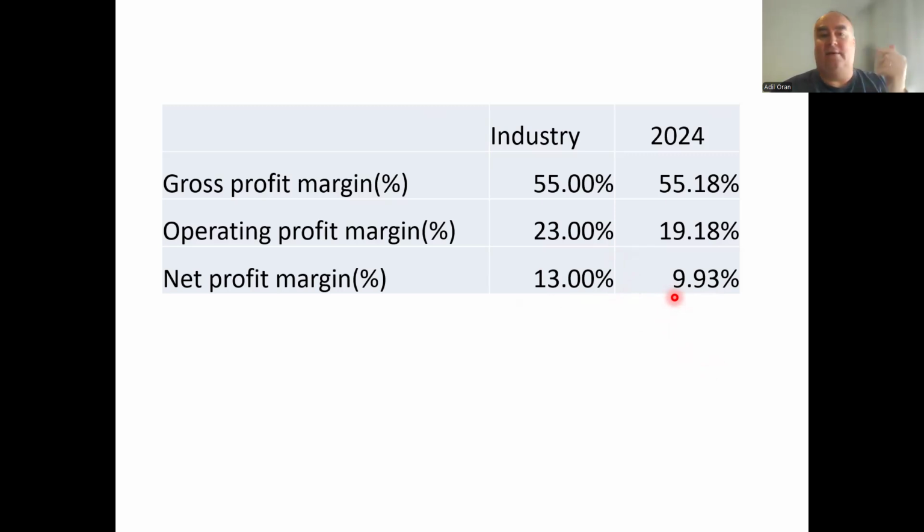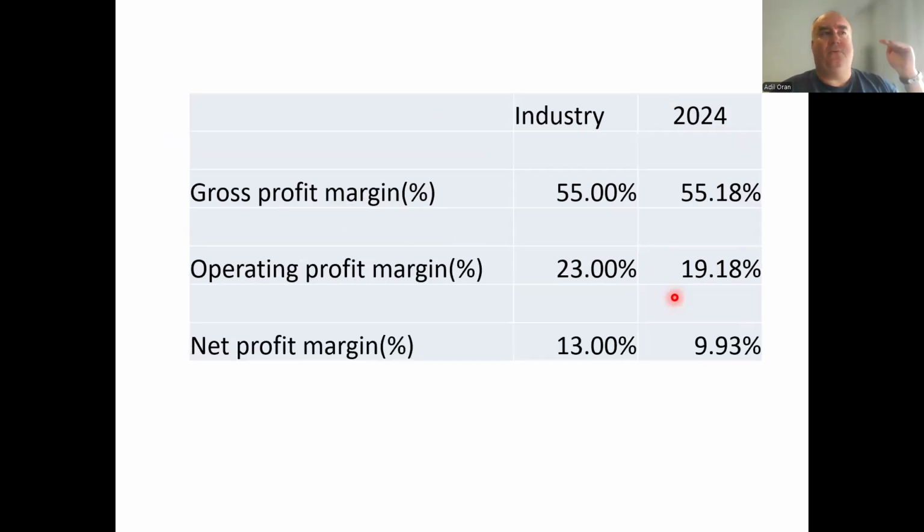So, to do that, if you are using Excel or if you're doing this yourself, insert rows in between, up at the top and in between these profit margins, and then calculate differences. Start at the top by using 100% minus 55. So this is going to be 45% cost of goods sold percentage.